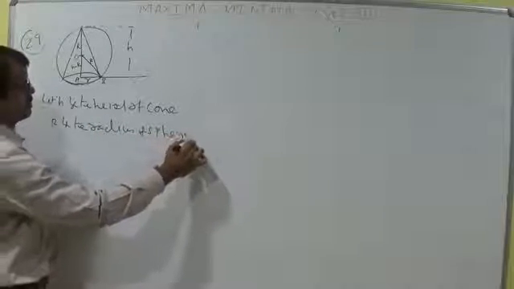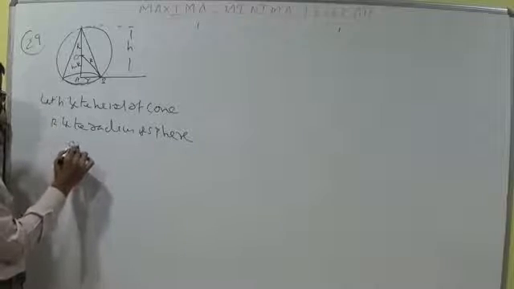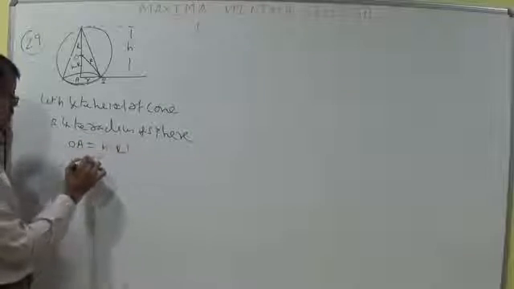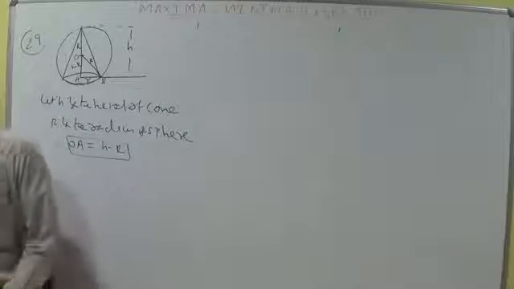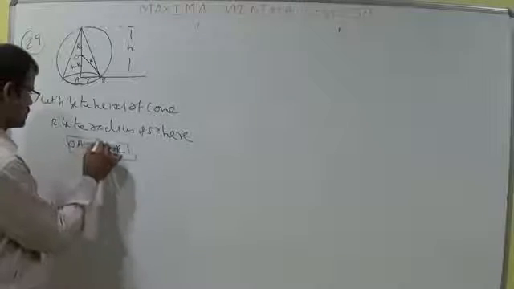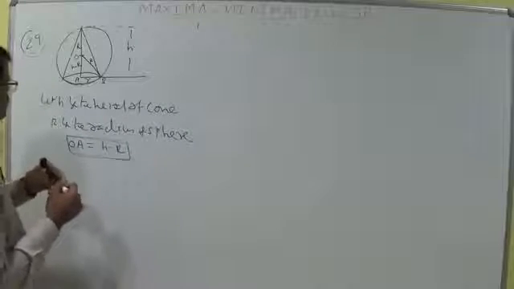Therefore, capital OA is equal to H minus R. This is the important point which we forgot previously. So OA, this is the main point. OA is equal to H minus R.